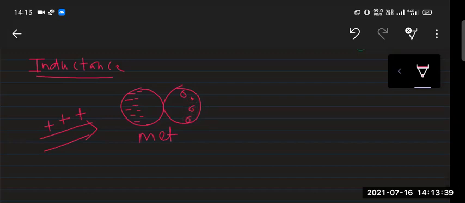When we separated them, we got two different entities with negative and positive charges, which we define as charge inductance.